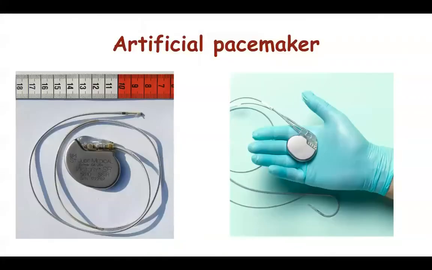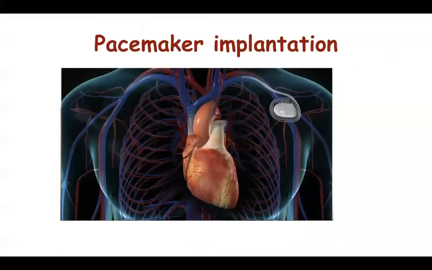Now sometimes this pacemaker goes wrong. It doesn't function properly. There could be various issues associated with it not functioning properly. In that case, an artificial pacemaker is inserted inside the heart. It is inserted near your left shoulder, and one of the wires or extensions is inserted near the SA node, which has gone defective.